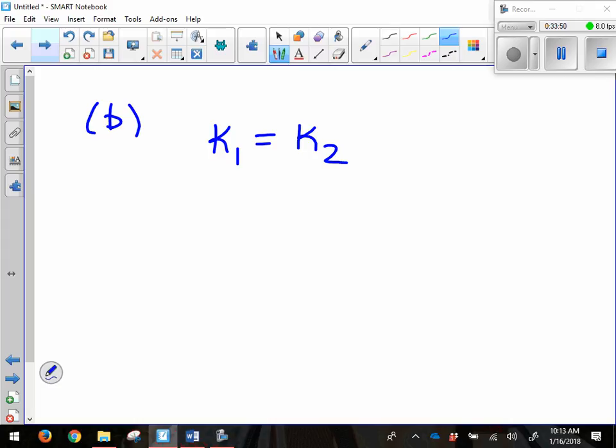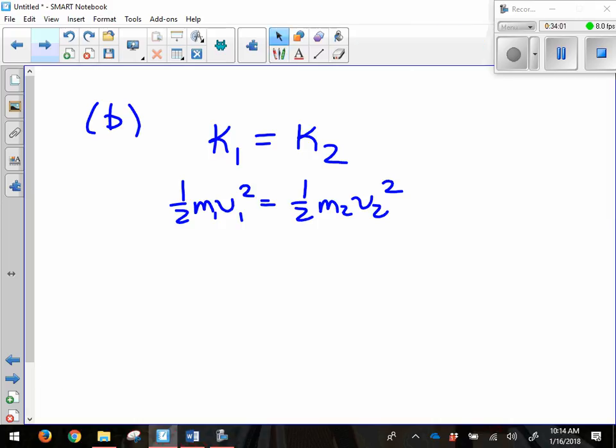So what's my formula for kinetic energy? Now, would you expect that the Beetle is going to be going that 52 kilometers per hour and that's going to give them the same kinetic energy? No. Well, because they have different masses.